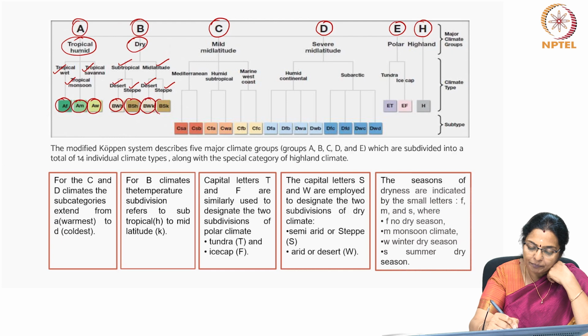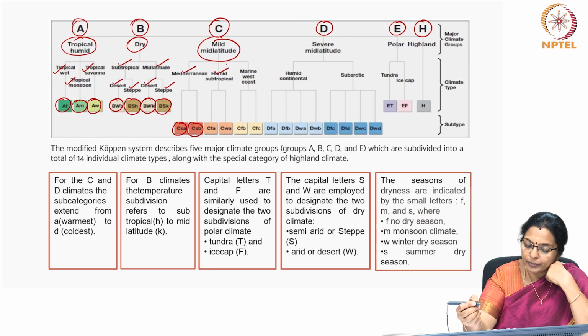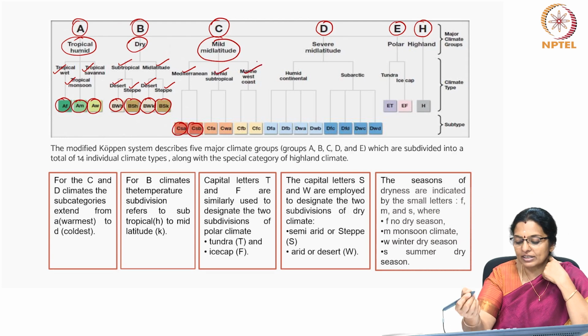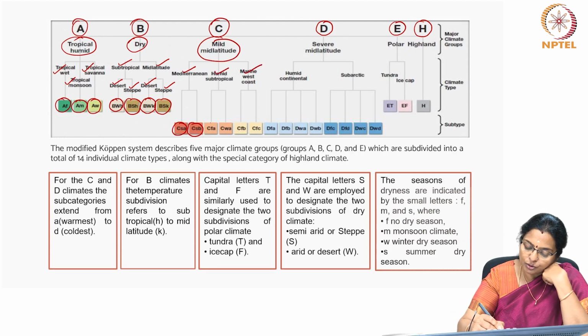Again, they have their classification. Mild mid-latitude is classified as Mediterranean, humid subtropical, and marine west coast, each with sub-classifications.